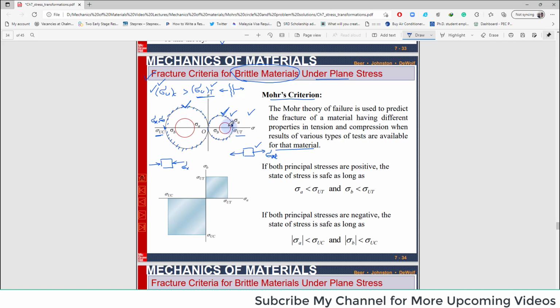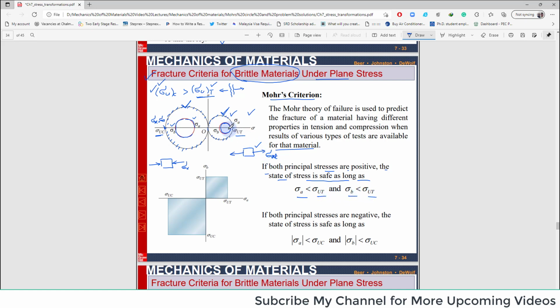So if you have a loading that lies within this circle, it will be safe. Similarly, if you have a compressed object in which you have sigma A and sigma B that lies within the standard test circle, it will be safe. Clear? So if both principal stresses are positive, the state of stress is safe as long as sigma A is less than sigma ut and sigma B is less than sigma ut.